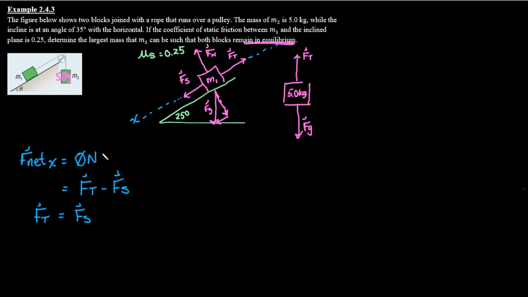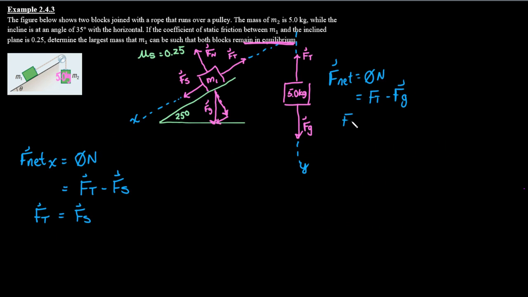Now looking at this guy, we also know that this guy is not going to move in this direction. It only has one direction, and it's the y. And if we look at his F net, we also want it to be 0. So that means that the force of tension in the rope, subtract that force of gravity, has to equal 0.